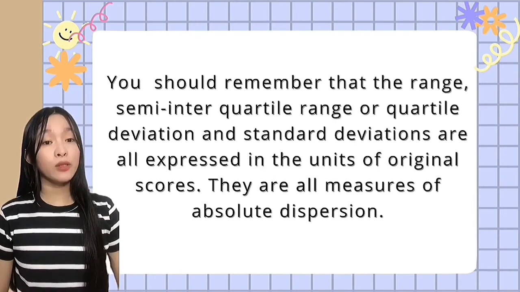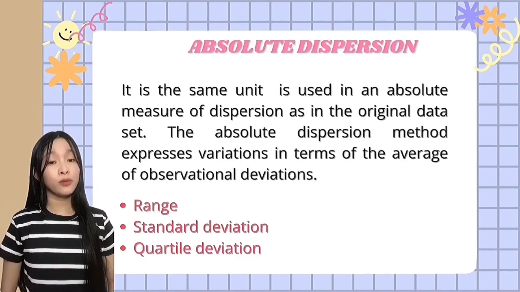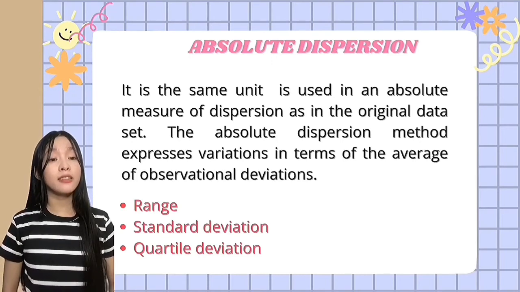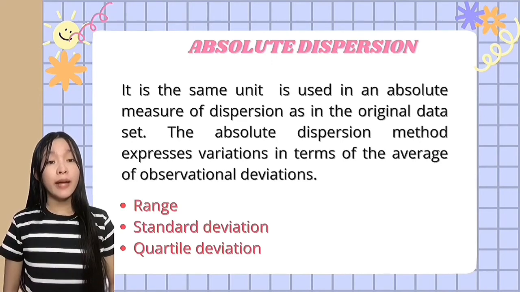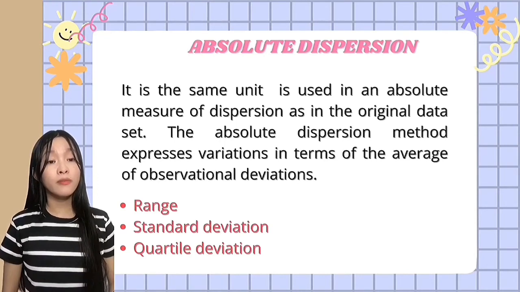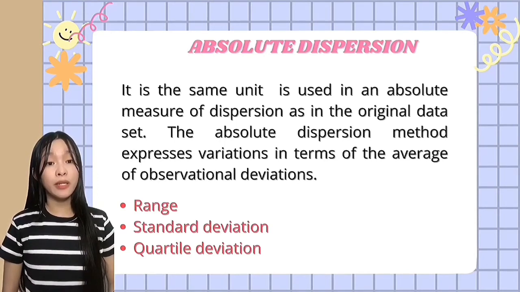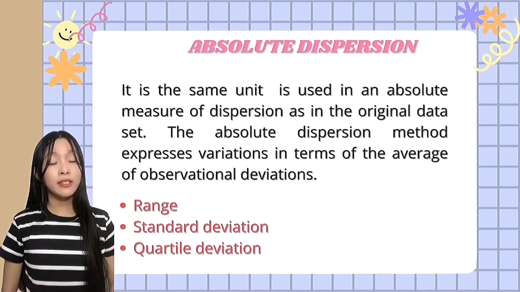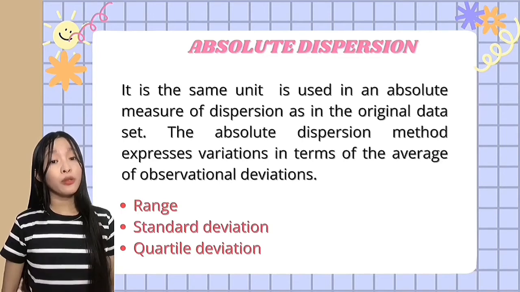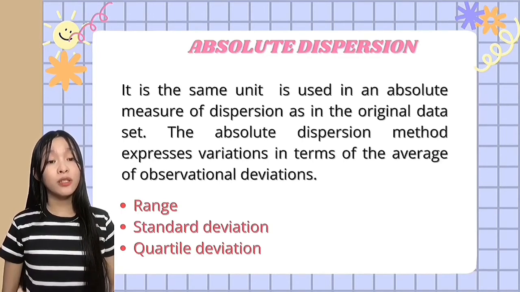So when we say absolute dispersion, the same unit is used in the absolute measure of dispersion as in the original data set. The absolute dispersion method expresses variations in terms of the average of observational deviations, such as standard or mean deviations. It includes terms like range, standard deviation, quartile deviation, and so on.